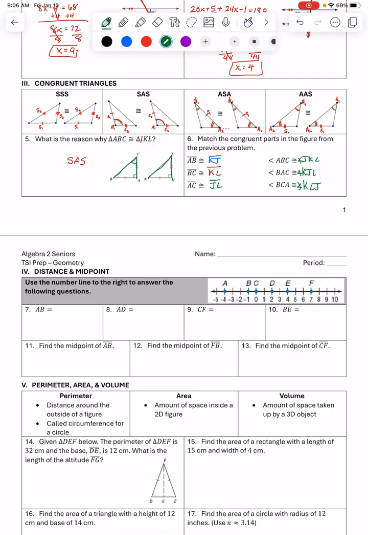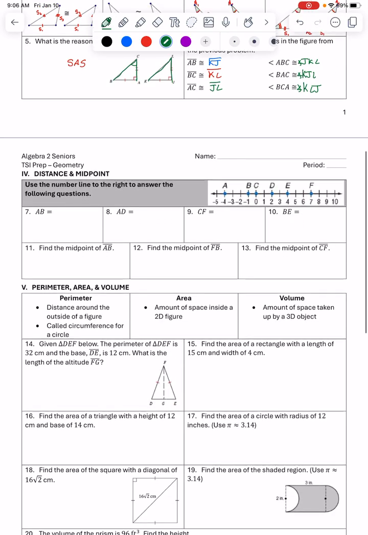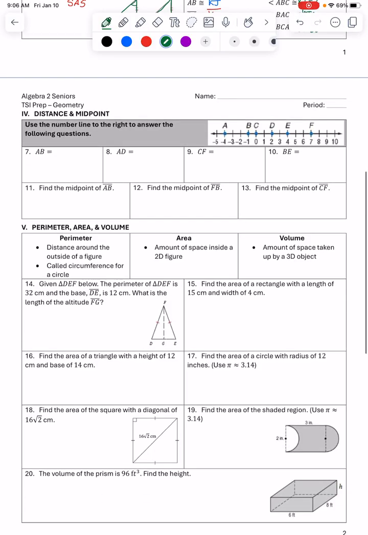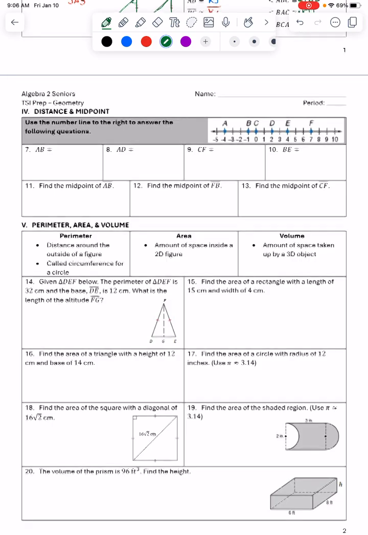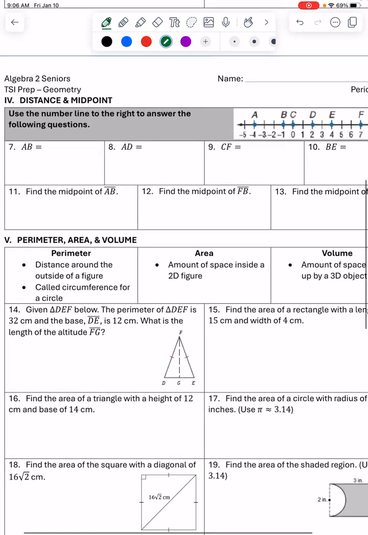All right. So now looking at this last page here, distance and midpoint. Just going off of the number line we're given here. So if it's just a number line, right? Finding the length of each segment. Like AB in number 7 just wants to know how long AB is, right? So the actual math way you can do this is you take the absolute value of the subtraction of your two endpoints.